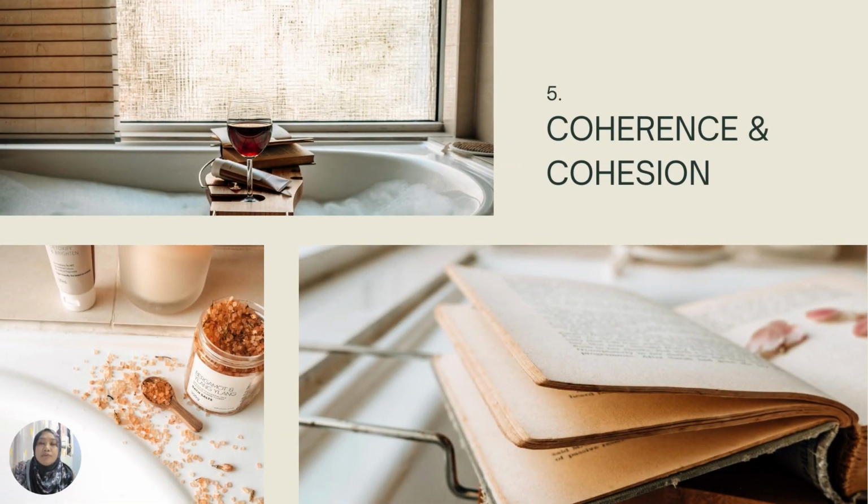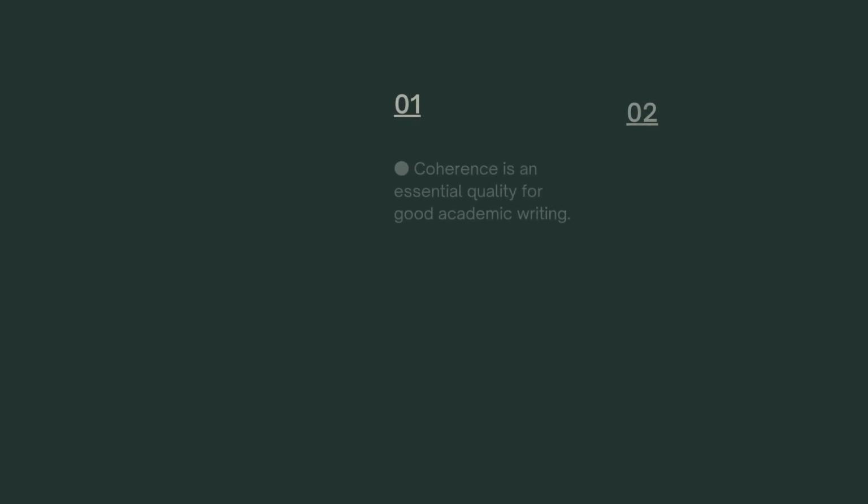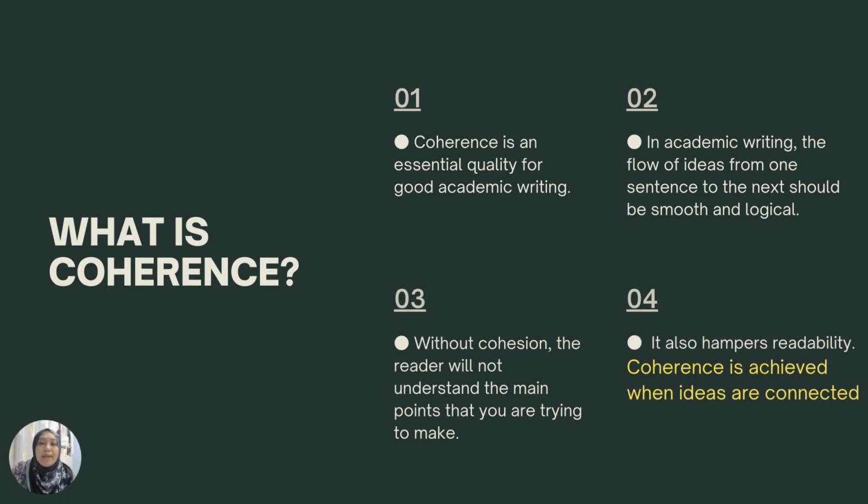So when we talk about producing good writing, you need to make sure that your writing, your essay, or what we call your work, is going to have coherence and cohesion. Coherence is when there is a flow of ideas from one sentence to the next.